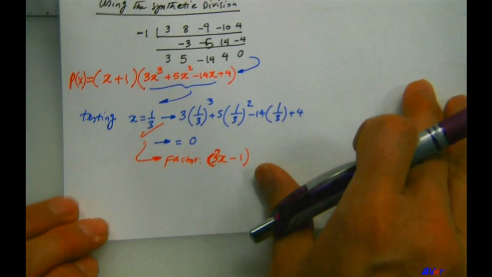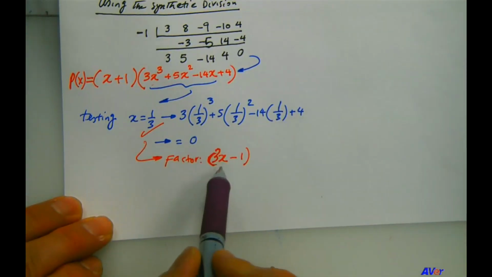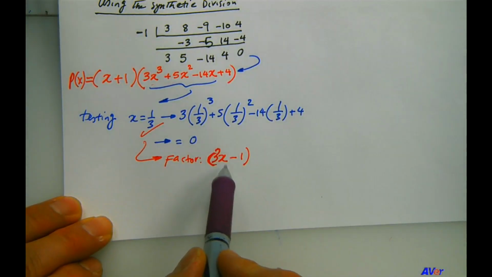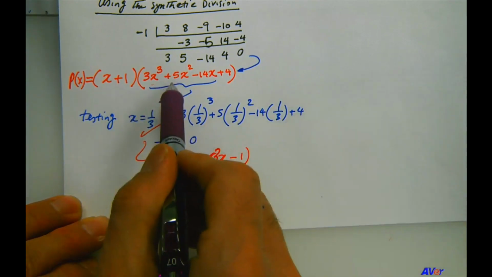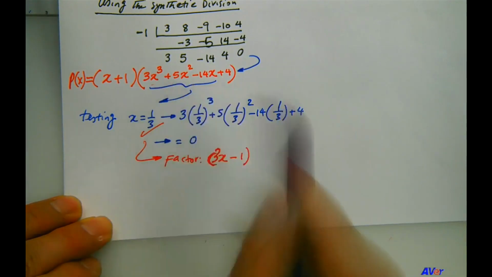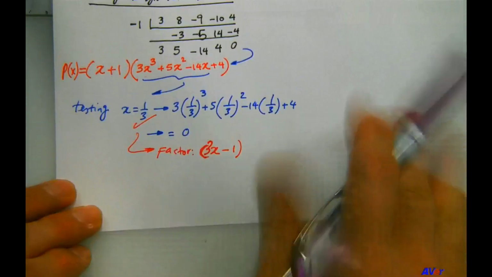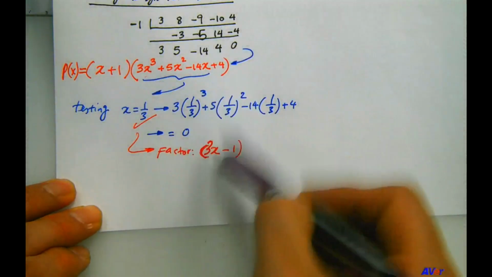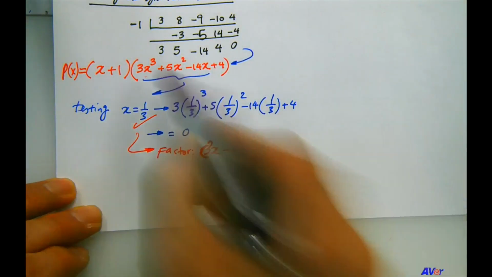So now we have another factor of this polynomial. We can divide this polynomial by this factor to find another factor.